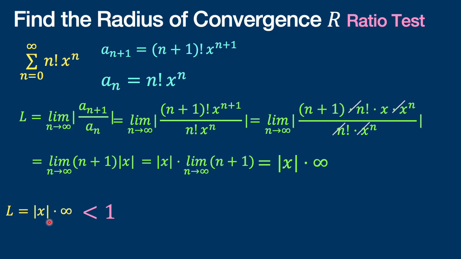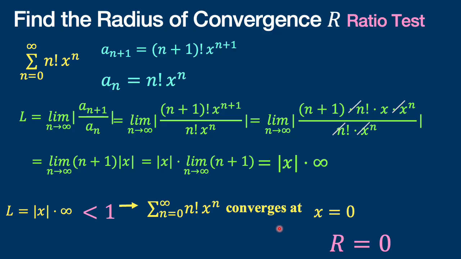It should be x equals 0. x equals 0, 0 times infinity, makes this less than 1 because this value is 0. In that case, this power series converges at only one point. The radius is gonna be 0. Let's make sure of it.